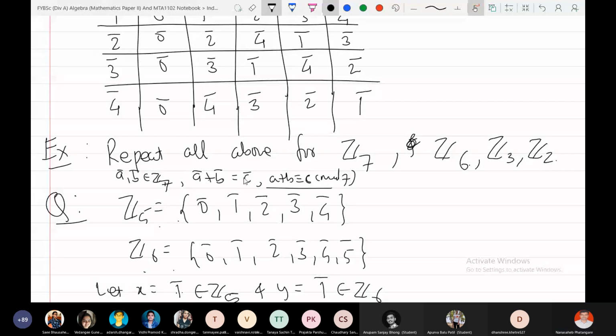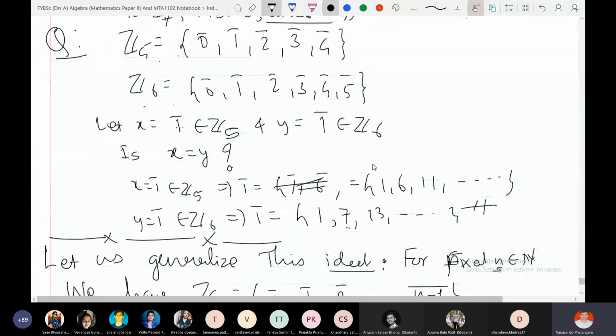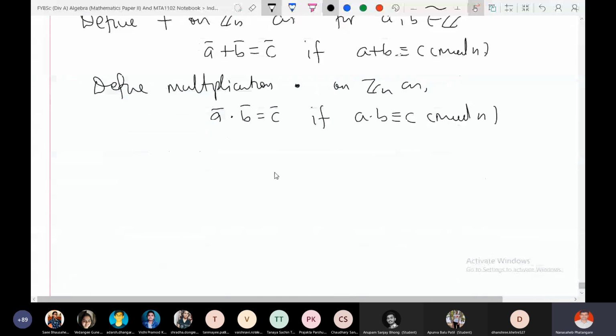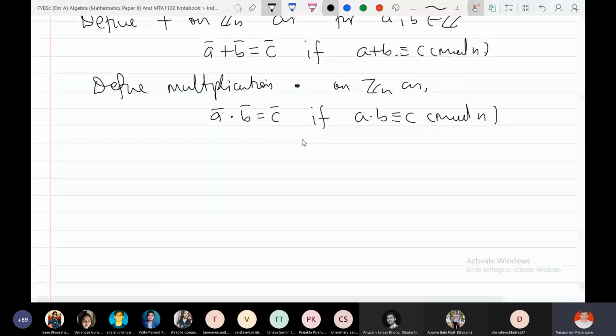It depends on 7. So a plus b is congruent to c modulo 7, then a bar plus b bar is c bar. Is it clear now? Similarly for Z6, Z3, Z2. Is it correct? Is it clear? Yes, sir. Similarly define multiplication on Z7 and so on, and then for general n, this is the addition and multiplication.